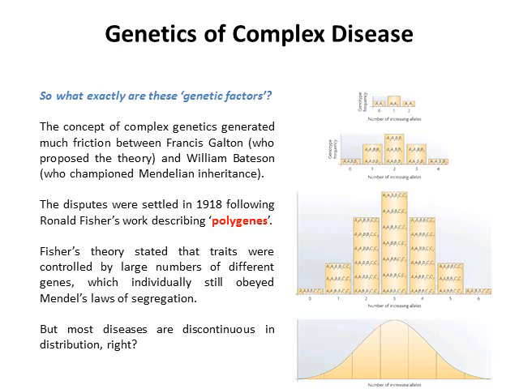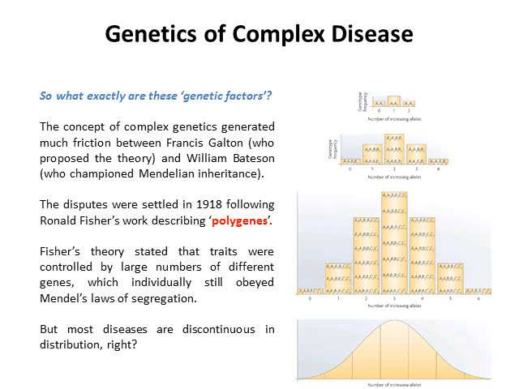So this is a way in which we can still use Mendel's laws of segregation and inheritance that Bateson championed, but we can use them in such a way that we can explain the sort of distribution of a trait that we would see for something like height or weight across a general population. So Fisher's work allowed Mendel's laws to stay intact, but also allowed the possibility that genes were contributing to the distribution of a complex trait such as height.